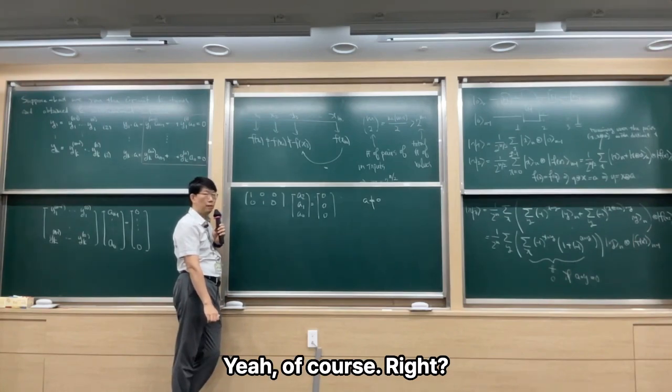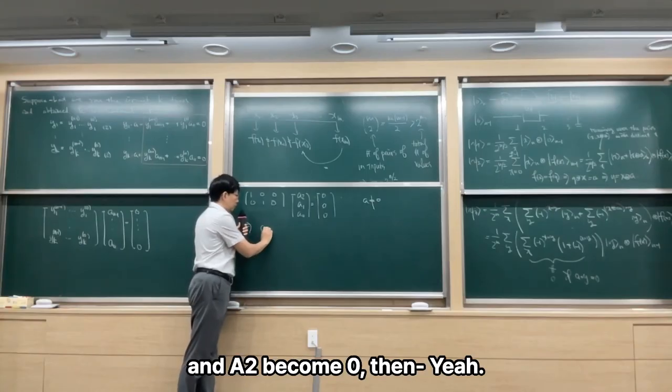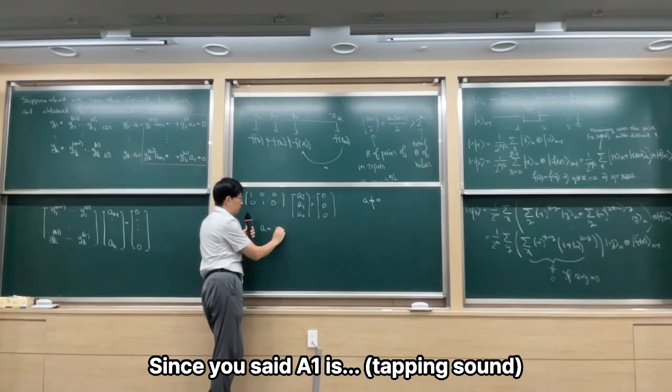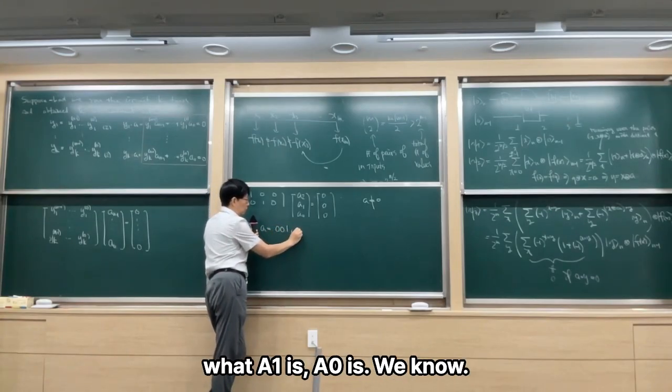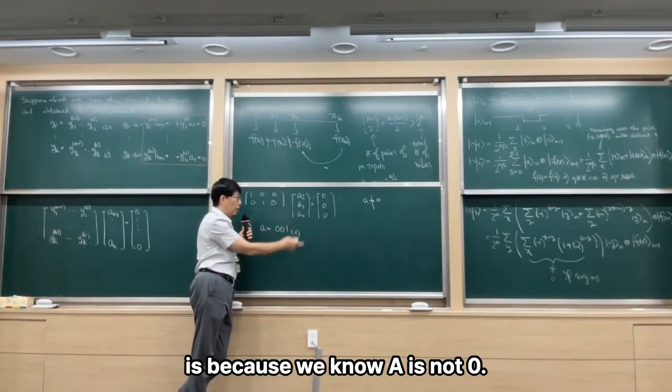Yes, of course. A1 and A2 become 0, and we know what A0 is because we know A is not 0.